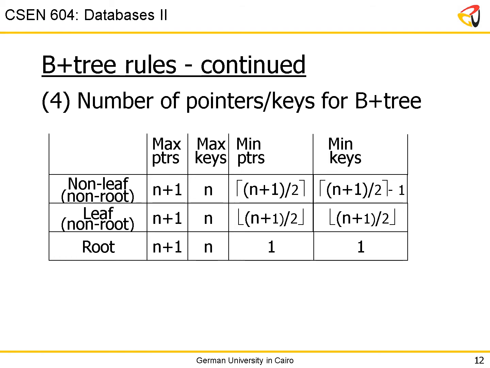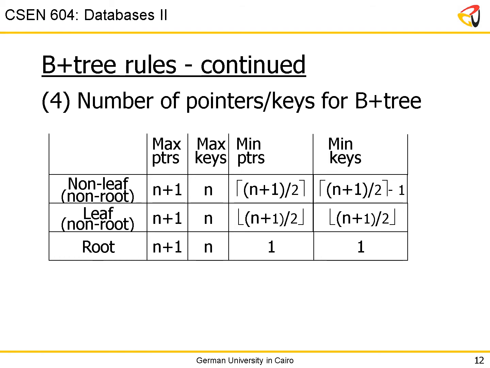The minimum keys consequently is going to be related to the minimum pointers, because if I say that the minimum pointers for the non-leaf is n plus 1 divided by 2 ceiled up, then the keys is going to be n plus 1 divided by 2 ceiled up minus 1, because you've got 5 keys and 6 pointers, or 7 keys and 8 pointers.